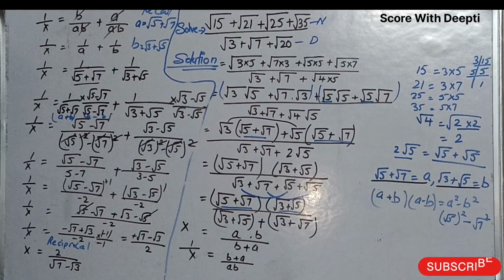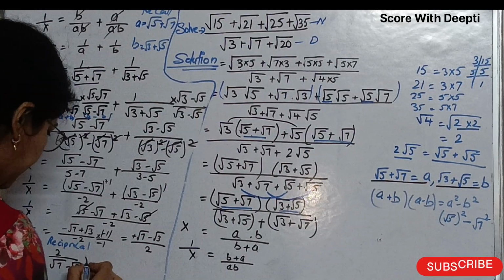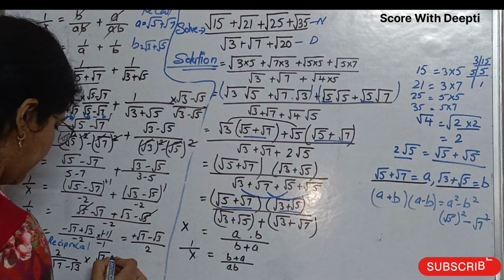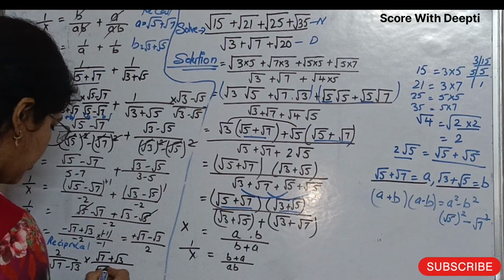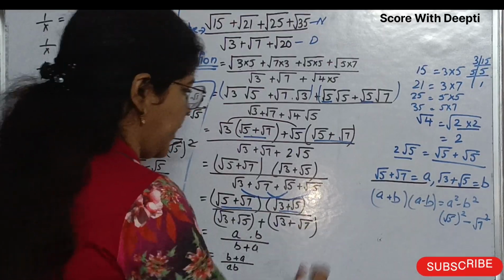Next again there is a radical form in the denominator, which means we multiply with the conjugate of the denominator. Here we will multiply with square root 7 plus square root 3 over square root 7 plus square root 3. Next we will solve it.